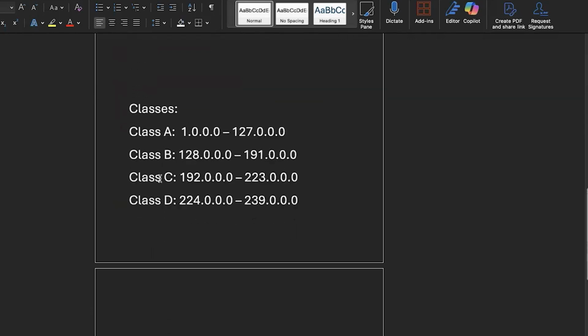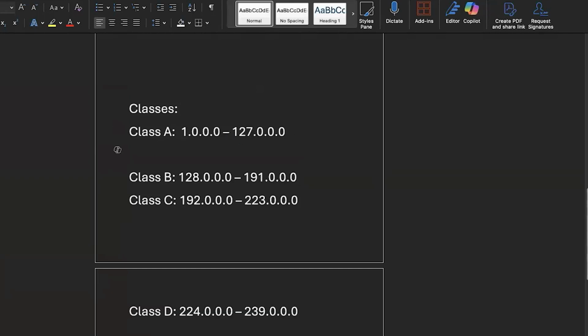You have different classes of IP address, different groupings, right? Truly, in today's IT world, it doesn't really matter too much, but I'll go over it so you know it. A class A address is any number from 1 to 127. And a class A subnet mask is 255.0.0.0.